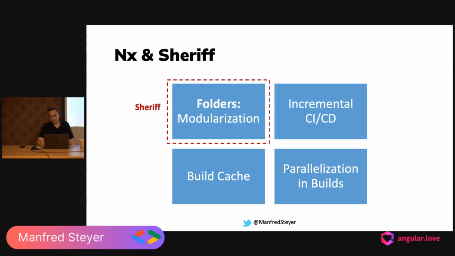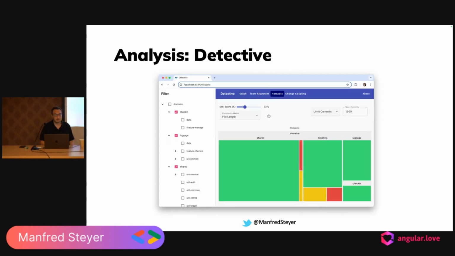So if we look at our stack here, we still use NX, but the modularization is done on a per folder level with Sheriff. It tells us, well, code in this folder is not allowed to access code in that folder. And to analyze everything afterwards, we will look into this in a minute, we have another tool, it's called the detective.